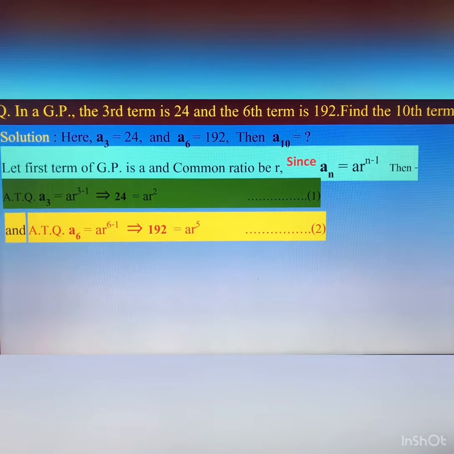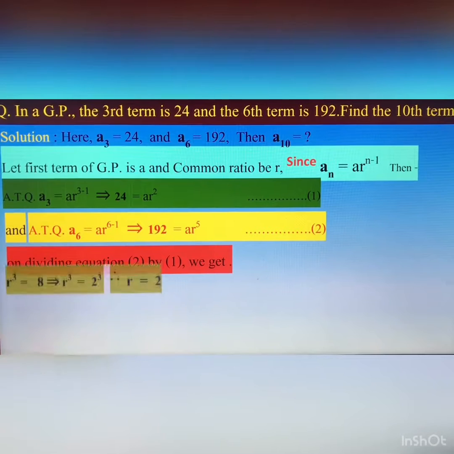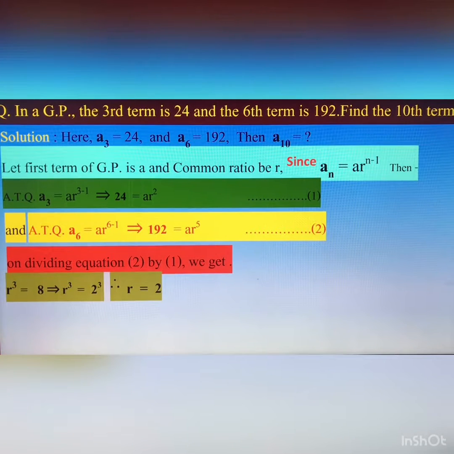Now equation number 2 is divided by equation number 1. We will get r cube equal to 8 on simplifying, because a and a cancel when you divide ar raised to the power of 5 by ar square. So 2 is subtracted from 5, that is r cube, and 192 divided by 24 is 8.